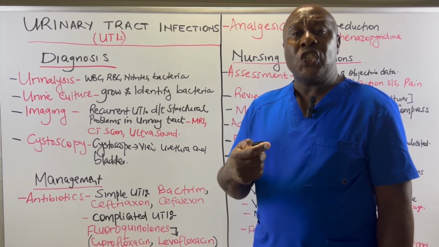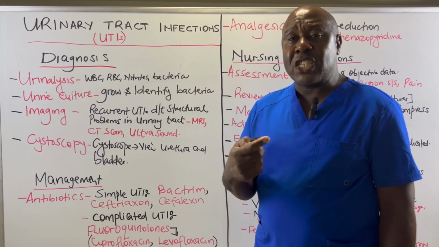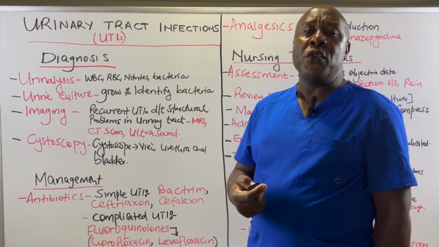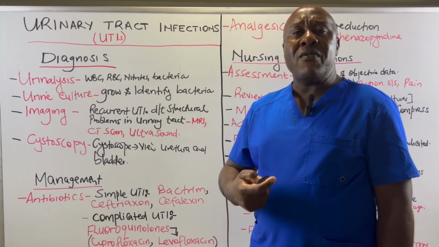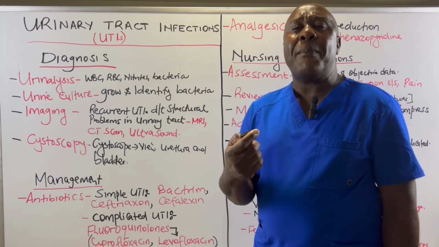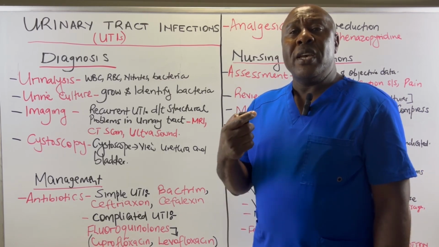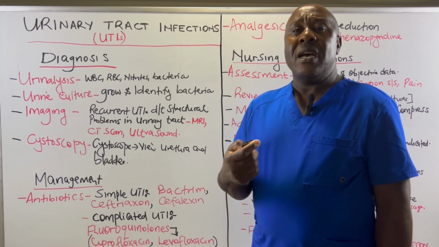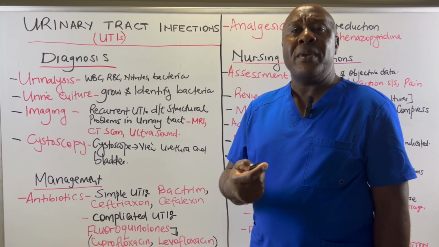So they may try to find out if there is an enlarged prostate that is causing this stagnation of urine. We may also have outpouches like diverticula. Diverticula normally provide a place where urine stagnates in the urinary tract. So in case of recurrent UTIs, healthcare providers will suspect a structural problem in the urinary tract.